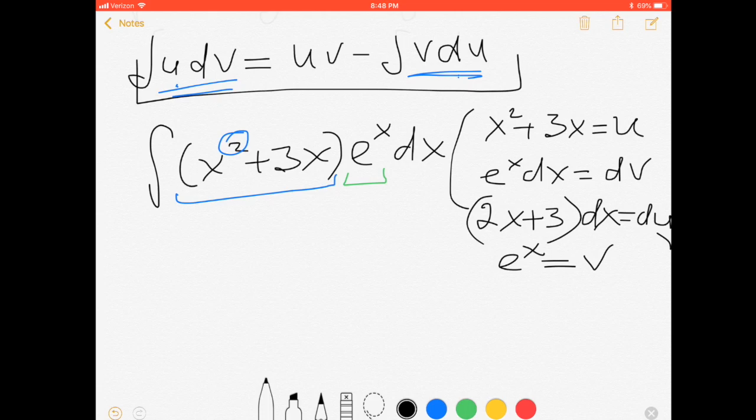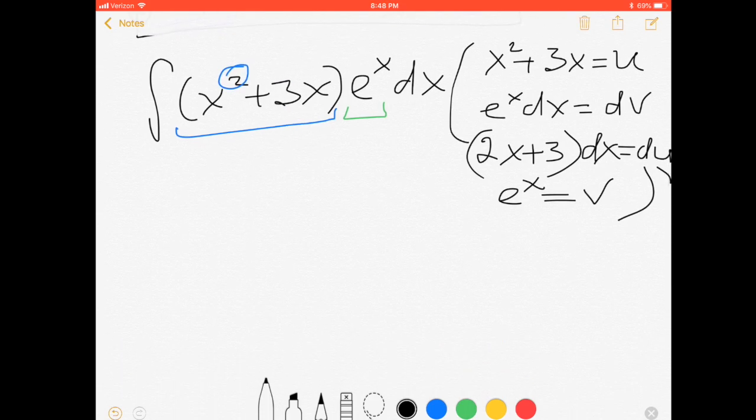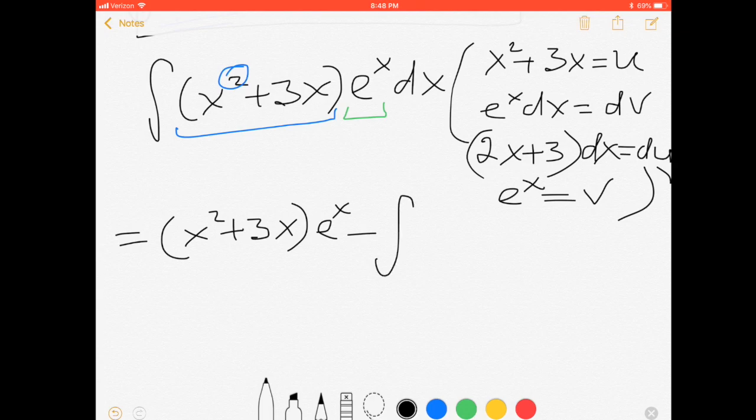Okay, great. This means we are ready now for solving our problem. The product uv is x squared plus 3x times e exponent x, minus the integral of v du: 2x plus 3 times e exponent x dx.